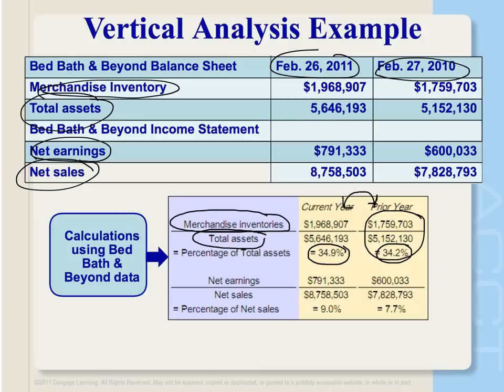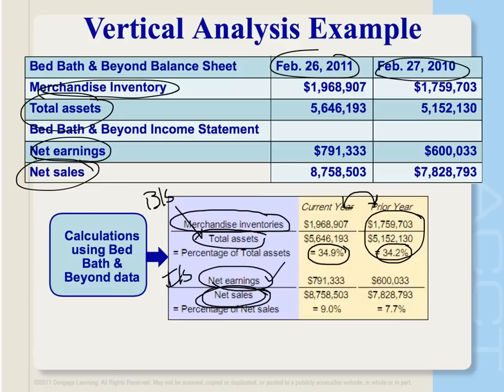When we look at the earnings, though, we would take the net earnings, because that's an income statement account, divided by net sales. So again, balance sheet is the account by total assets, and income statement accounts are the account divided by net sales all the time.